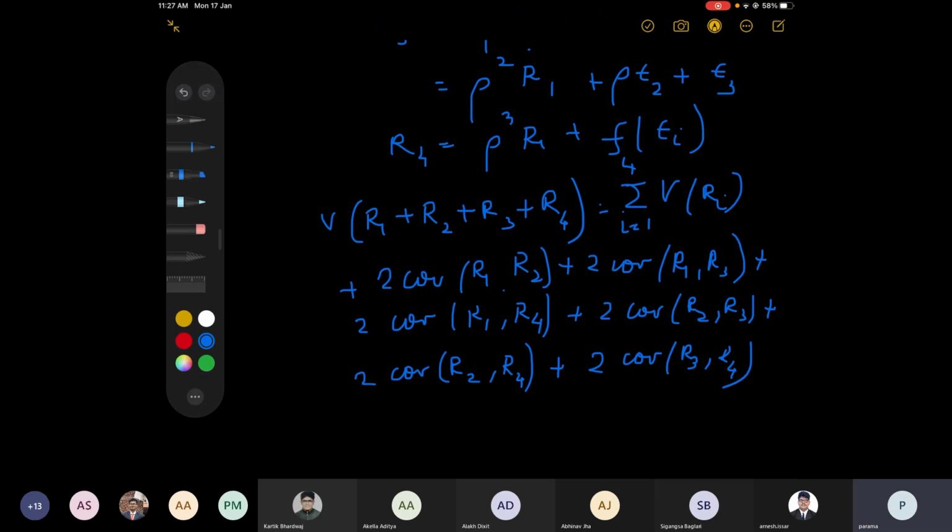Right? So we will have all these covariances, because now we are saying they are correlated to each other, they are not independent, but we still continue with that identically distributed assumption.